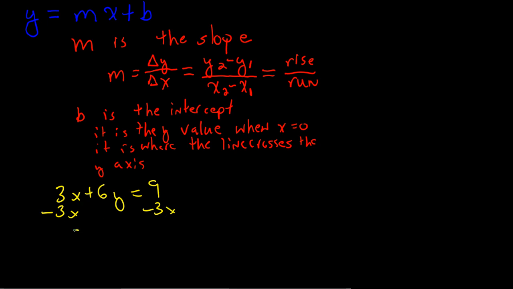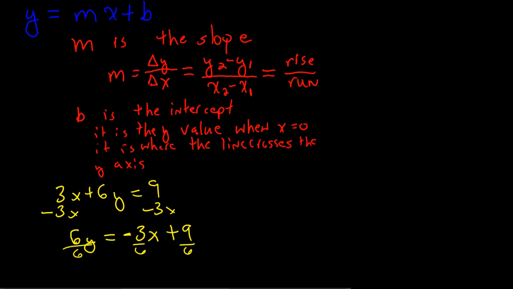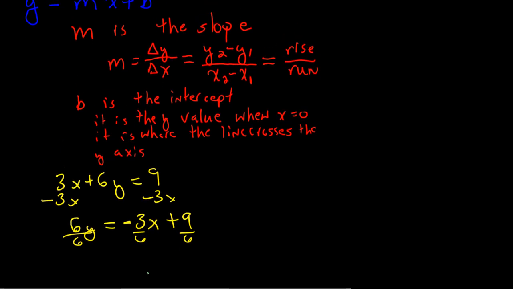That will cancel here, leaving me with 6y equals negative 3x plus 9, but we write our x first. Now I'm going to divide everything by 6 to get y all on its own. So I get y equals negative 1/2 x plus, 3 goes into each, 3/2. And there's my equation of the line.